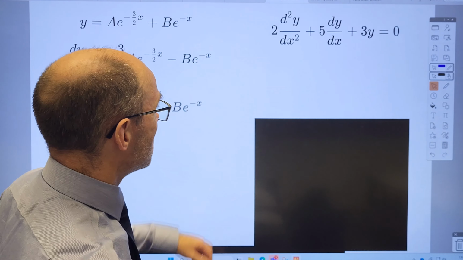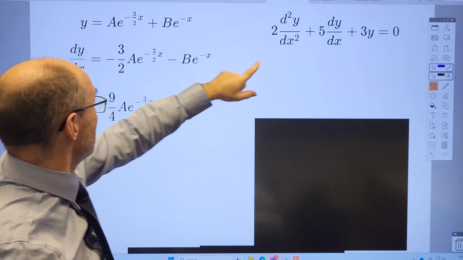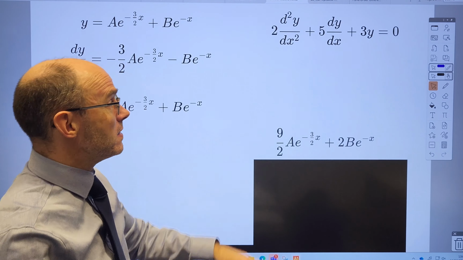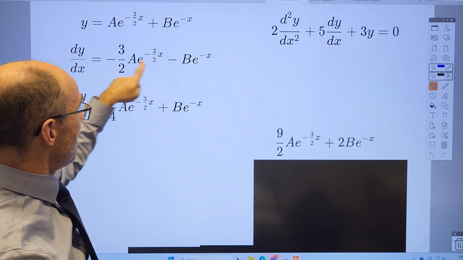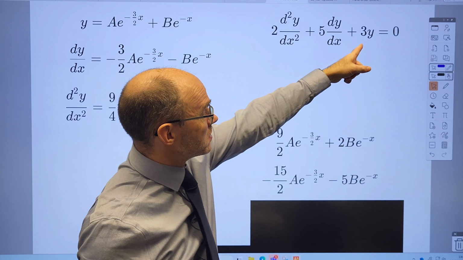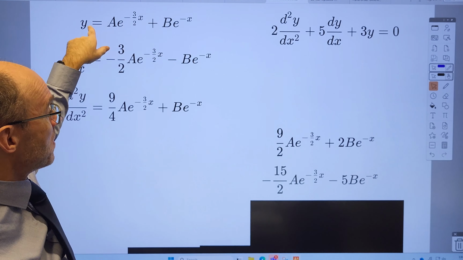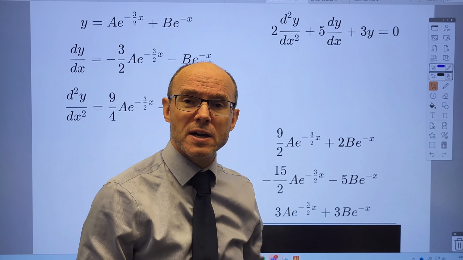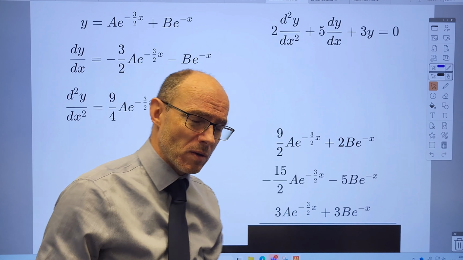Okay, so we need to do 2 d²y/dx², so double that line, which I've just written by here, and then plus 5 dy/dx, so 5 times that one, so I've just written that by here, plus 3y, so 3 multiplied by that, which I've just written by here, and then you need to add these together and you should get 0. Let's just check that works.